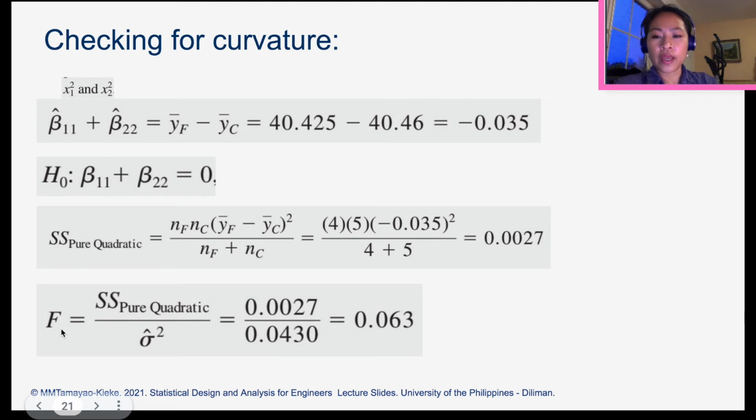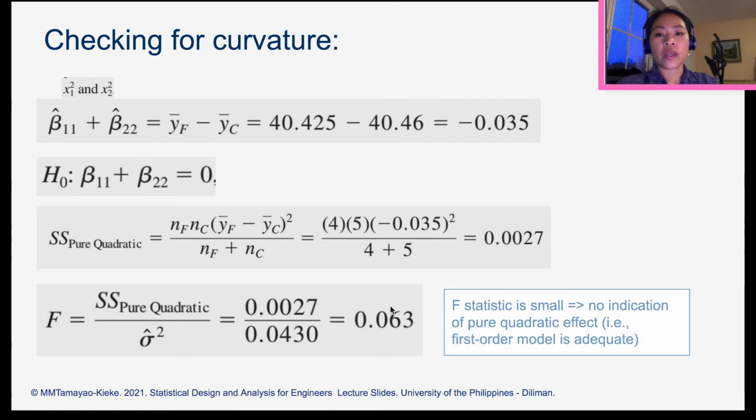Since SS pure quadratic is now equal to 0.0027, we can compute the F statistic. So this is equal to 0.0027 divided by the sigma hat squared, which is 0.0430. And as you can see, since our F statistic is very small, then we can conclude that there is no indication of pure quadratic effect. Therefore, the first order model is still adequate.